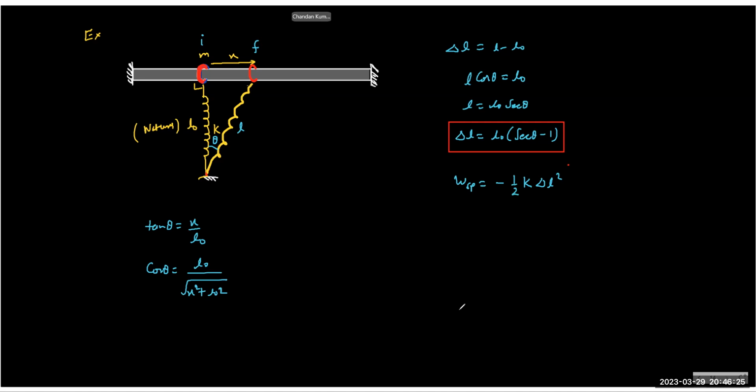The elongated length. So how much deformation did you get? Delta L means deformation, how much you changed the length of the spring. L minus L naught. And what is the relationship between L naught and theta? L is equal to L naught sec theta.